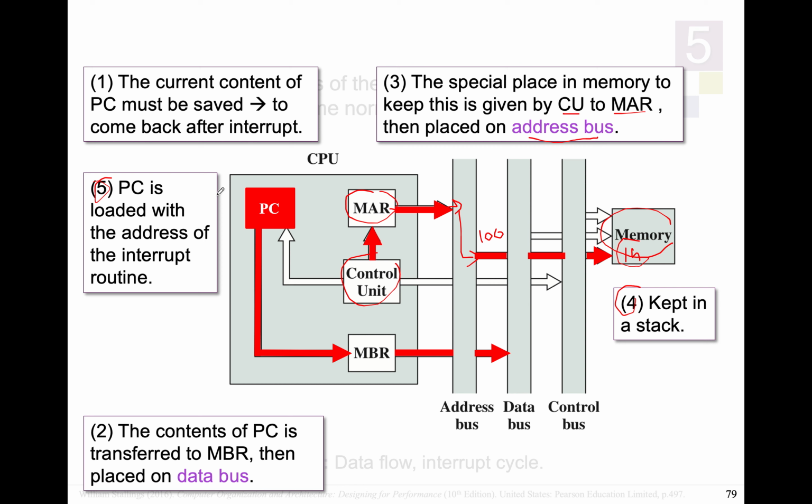Whenever you load your PC, you're going to have your initial value, which is 100, and then when you do updating, maybe it will increase. But after all, whatever you are sending to your address bus will be the updated version, which is your PC loaded with the address of the interrupt routine.